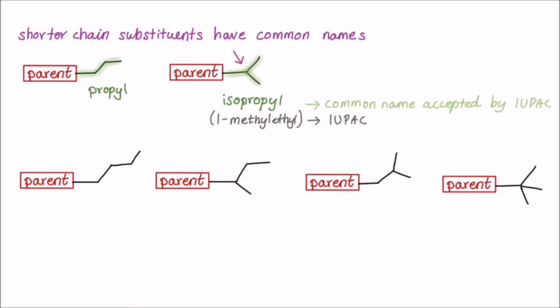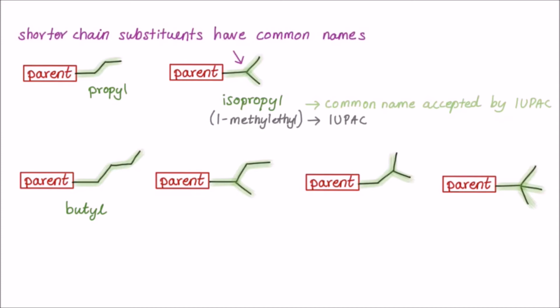Let's look at a few more examples here. The substituents are butyls. They have 4 carbon atoms. So each substituent in this example has 4 carbon atoms. So the first one is linear and all other substituents are branched. The first one is called butyl. And if you look at the third one, the third substituent, it has something similar to the isopropyl, right?